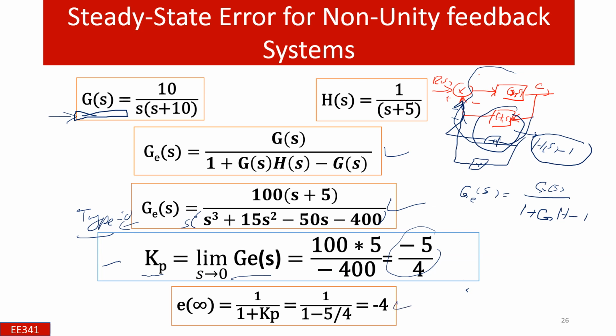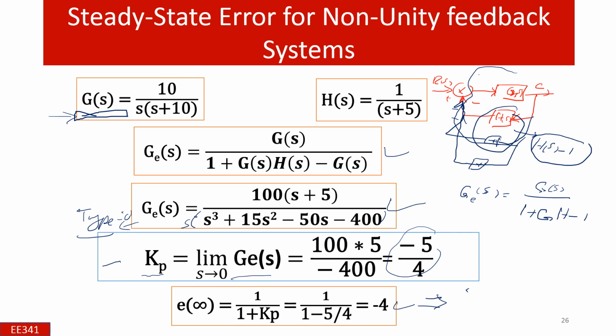The steady state error is -4, and this -4 shows that the steady state error value is higher than the input value.